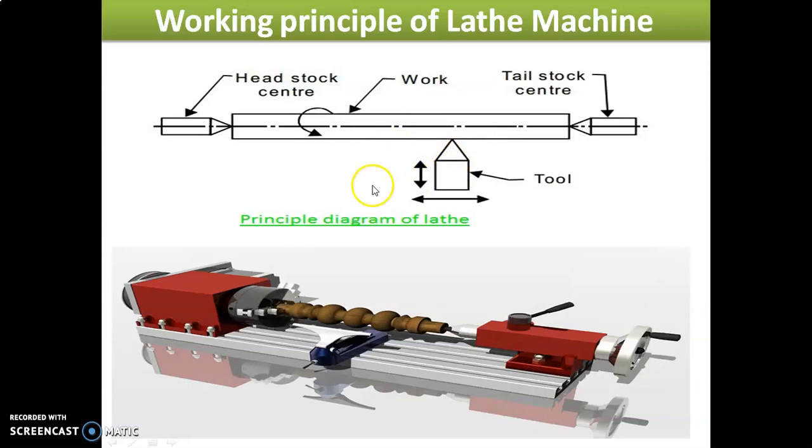So now let us see the working principle of the lathe machine. A lathe is a machine tool which holds the workpiece between two rigid strong supports called centers, or we can hold the workpiece in a chuck. The cutting tool is rigidly held in a tool post.